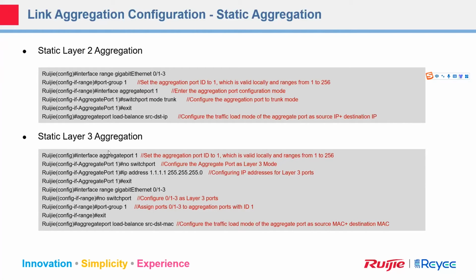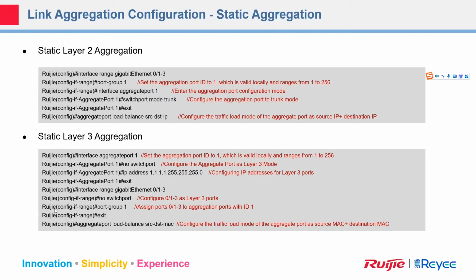For the layer 3 configuration, we create the aggregation port first. And no switchport means we make the interface become a layer 3 interface. By default, it is a layer 2 interface. For a layer 3 interface, we can add the IP address.